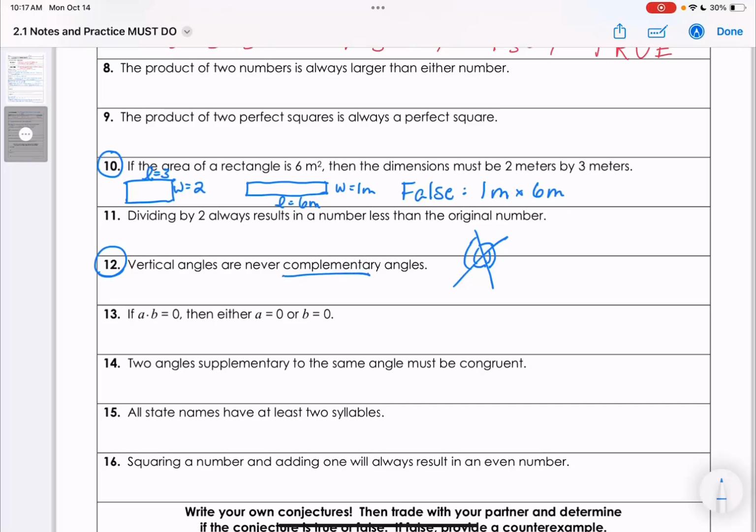Remember, complementary means they add up to 90. So is there a case where vertical angles can be complementary angles? If we have a situation like this, remember, if one of those is a right angle, 90 degrees, they all are.